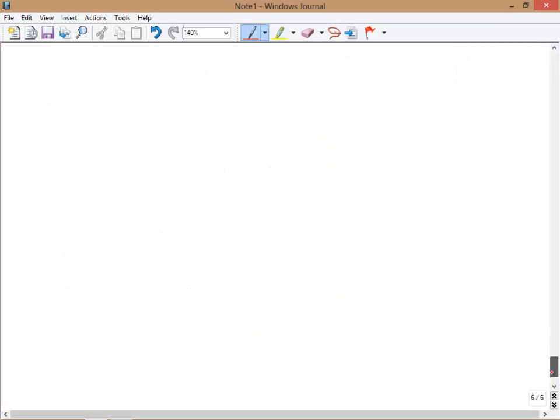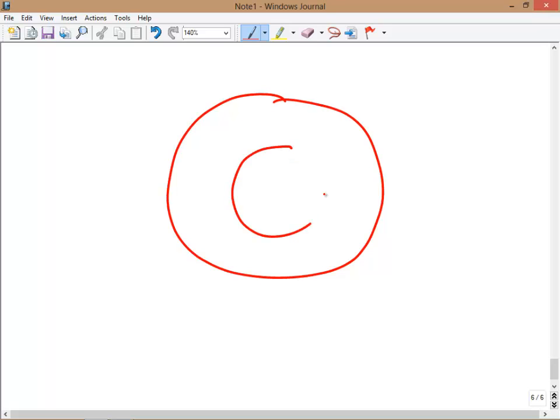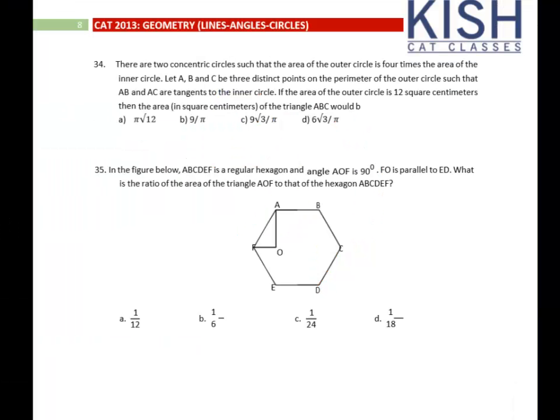Draw. Area of the outer circle is given as 12 square centimeters.